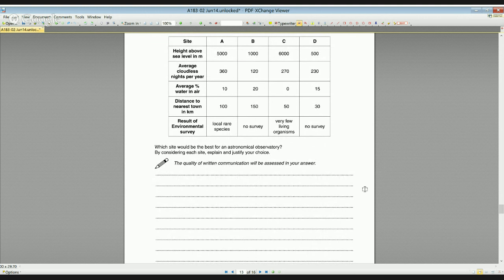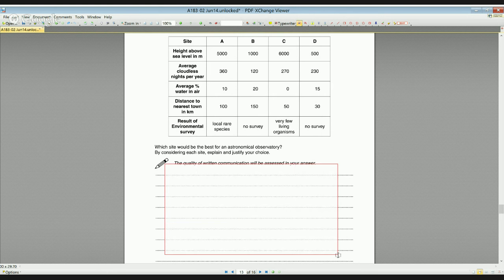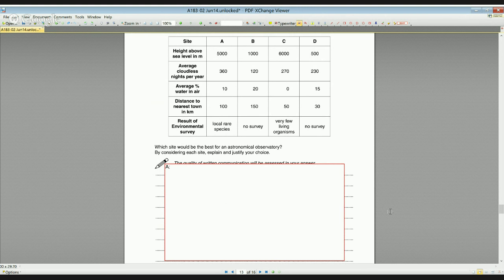So I'm going to refer quite a lot to the mark scheme here. You must consider all of the sites and most of the aspects here with justifications and comparisons, and then make a conclusion. So if I jot down a few of the key things, site A is the best for cloudless nights. You can see this, it has 360 cloudless nights a year, so almost every night of the year it's good.